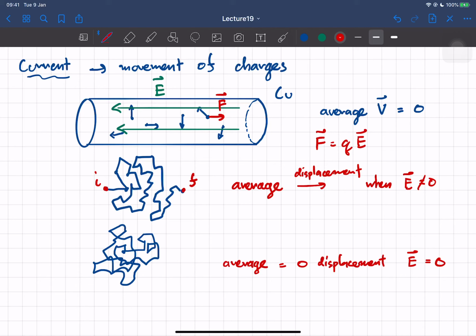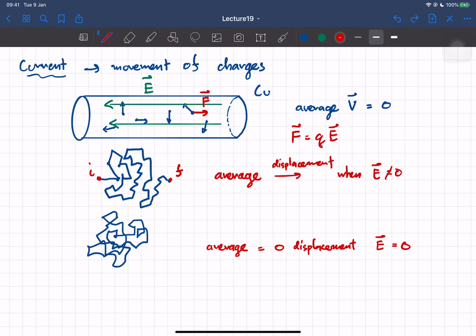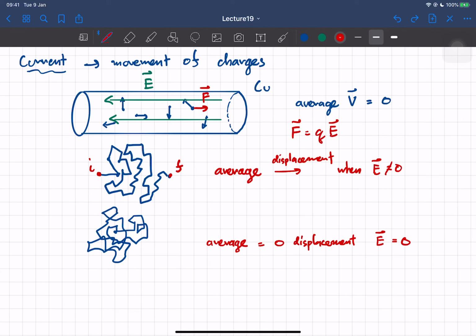But the electron is moving all the time. So what's the average displacement it can move? It depends on what we call the drift velocity. So this thing will give you what we call drift velocity.